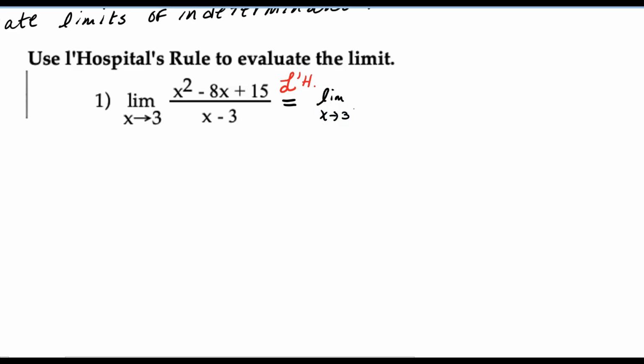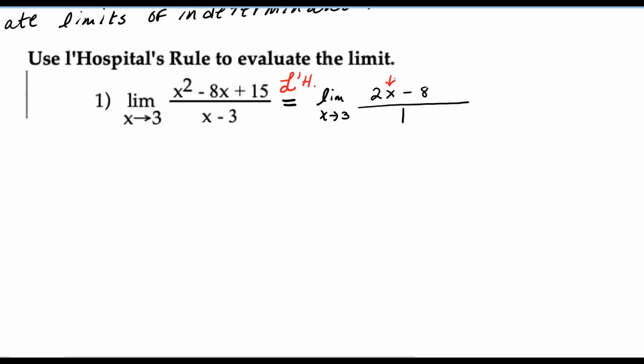So this is not a quotient rule by any means. It's a lot easier than that. You take the derivative of the numerator and the denominator in isolation. So the derivative of the top is going to be 2x minus 8, and the derivative of the bottom is just 1 because the derivative of x is 1. Now ask yourself, can I plug in 3 for x without any problems?